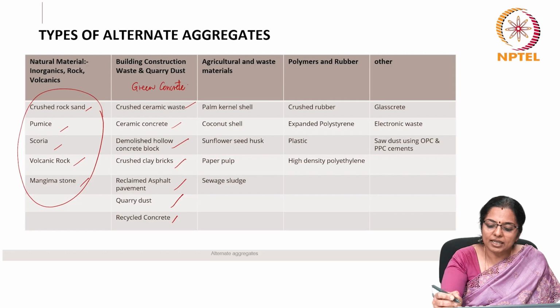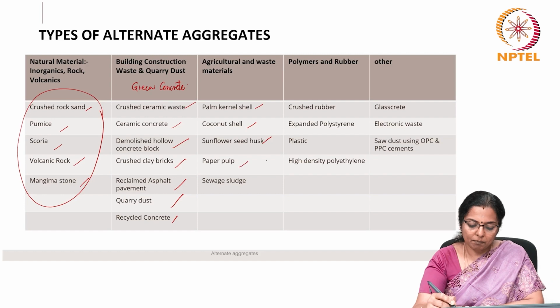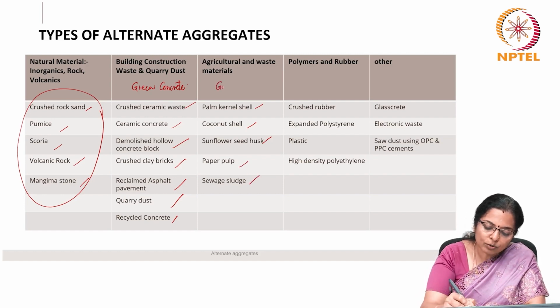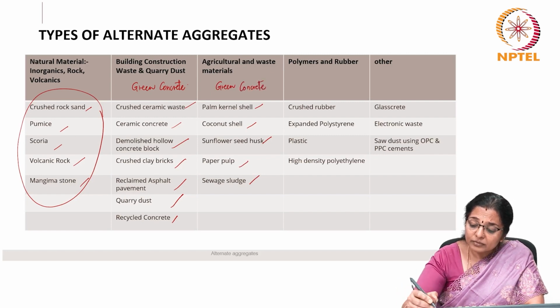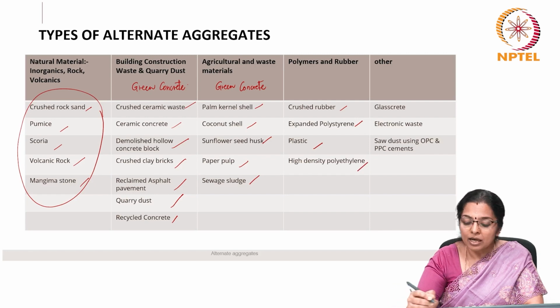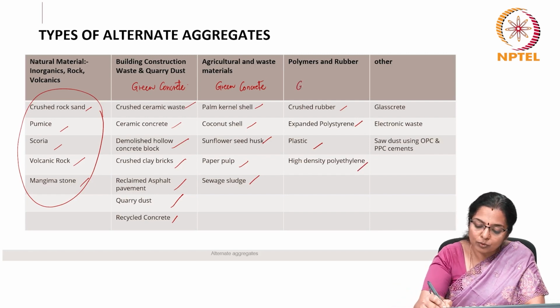Agricultural and waste materials could be palm kernel shell, coconut shell, sunflower seed husk, paper pulp and sewage sludge. These can also be made and used to form green concrete. Polymers and rubbers such as crushed rubbers, expanded polystyrene, plastic and high density polythene will also contribute to green concrete.